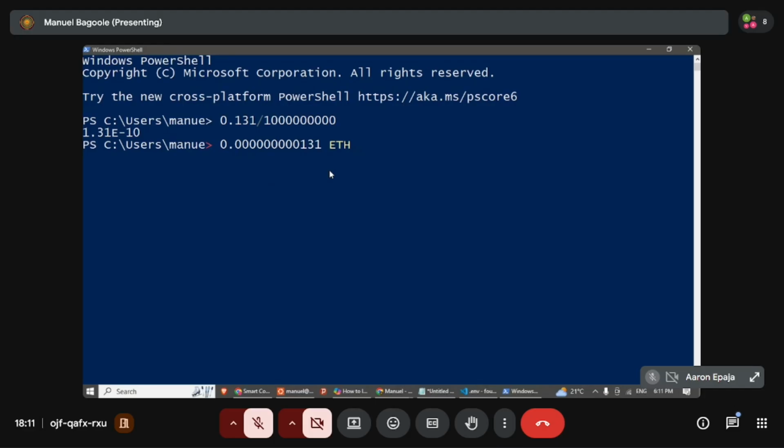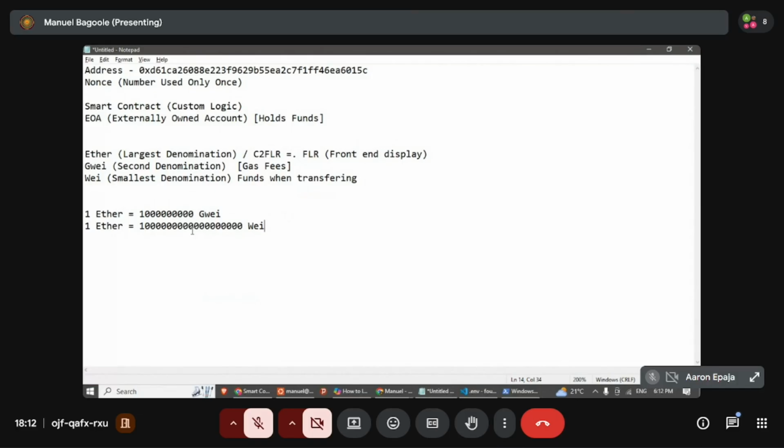How about in Gwei? Because it's 0.131 in Gwei, let's also do this. What is 1 Gwei in terms of Gwei? 1 Gwei in terms of Gwei is 1. We're following.